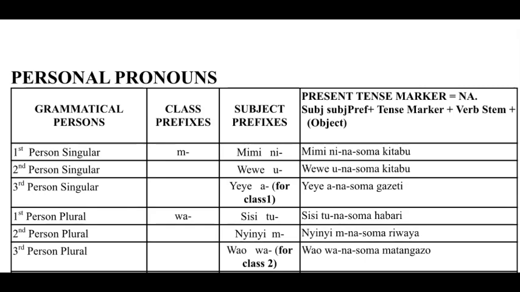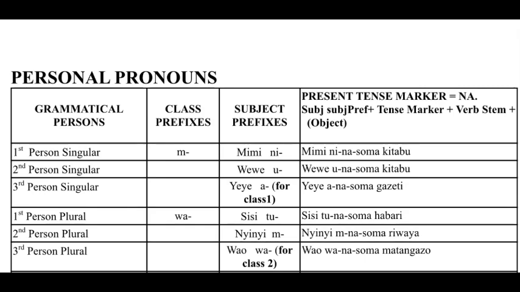So, the first person always goes with Mimi, and Mimi always goes with Ni. The second person is Wewe, and Wewe goes with U. Third person singular is Yeye, and Yeye always goes with A. So the pronouns are Mimi, Wewe, and Yeye, and their subject prefixes are Ni for Mimi, U for Wewe, and A for Yeye.